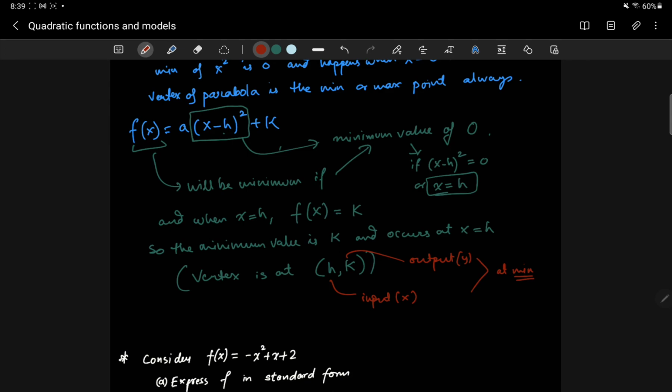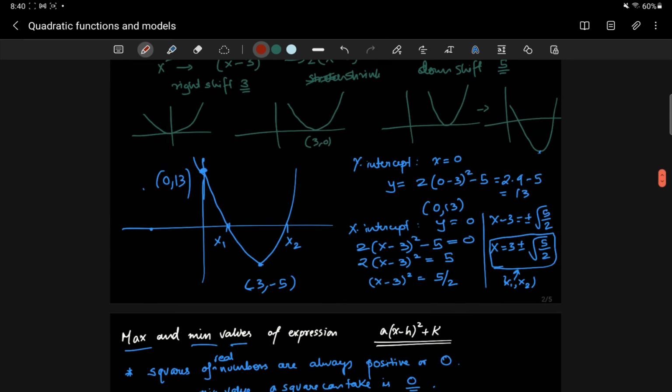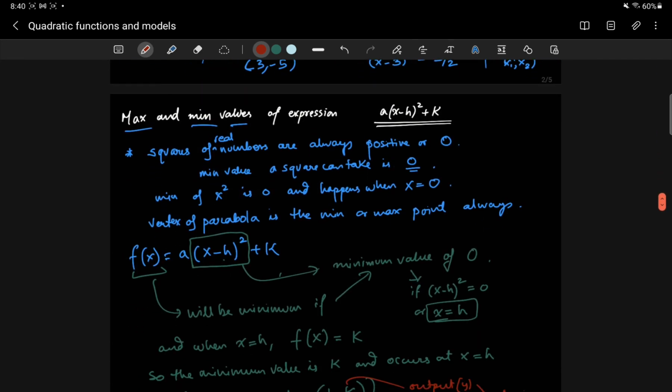And the same logic follows if you have a downward facing parabola, which happens if your coefficient for the x squared is negative. So these are all the same ideas. The vertex of the parabola is the same as either the min or the max, depending on the direction of the parabola, and they can be found from this expression, which is the standard form. They can be found from the standard form, and that's why the standard form is helpful.